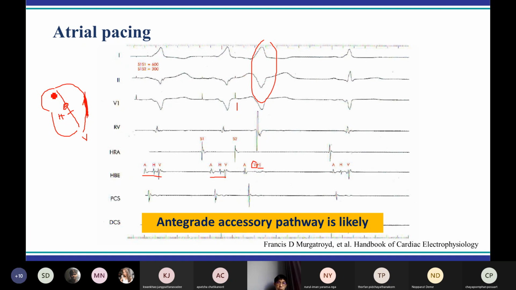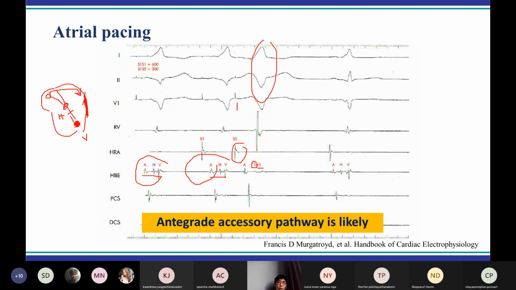When you pace here at a slow rate, the signal would go through here down to V and also go down the accessory pathway. But when you pace in the right atrium, it is closer to the AV node, so most of the signal would go down through the AV node, which would result in these two beats.